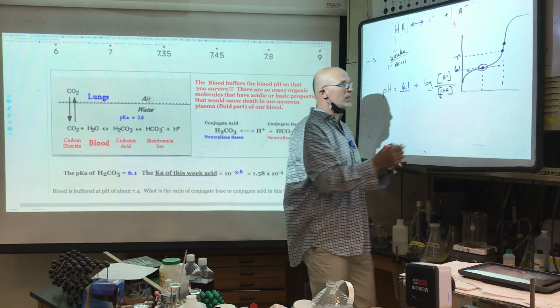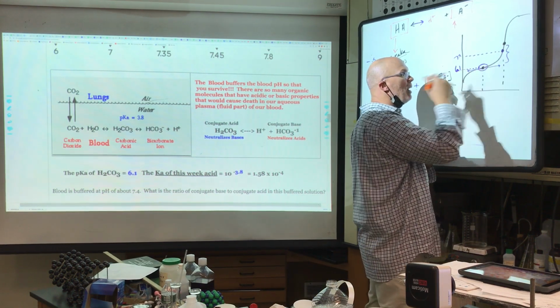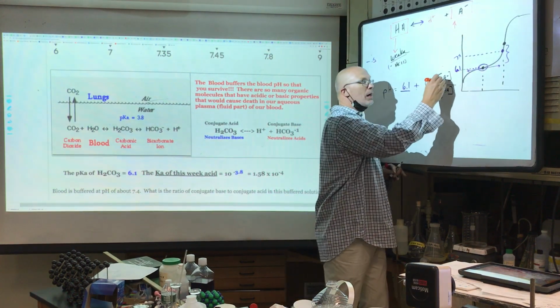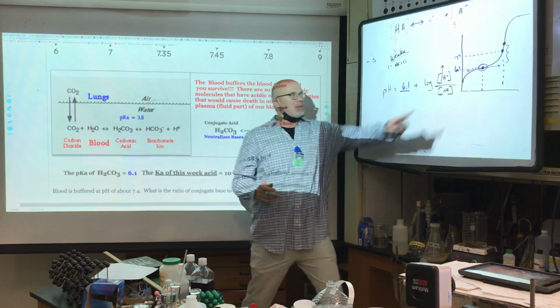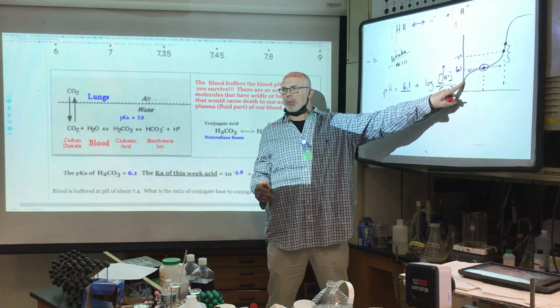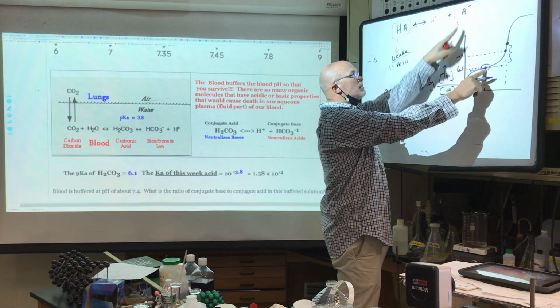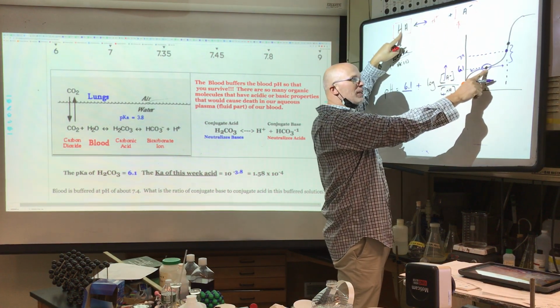You need to realize to be in this position here, above max buffering, you've got to have more what? Conjugate what? Base. And you should know that. At this point we have what? 0% conjugate base. It hasn't been driven forward. At this point we have 50% conjugate base and 50% conjugate acid.